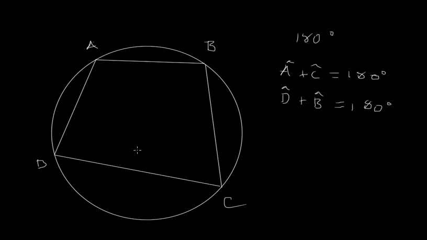In a cyclic quadrilateral, as long as you've got 4 sides connected at different points, A and B connected at A, A, B and C connected at B, and C, D and A connected at D, opposite angles should always add up to 180 degrees. Understood, grade 12s? I really hope so.